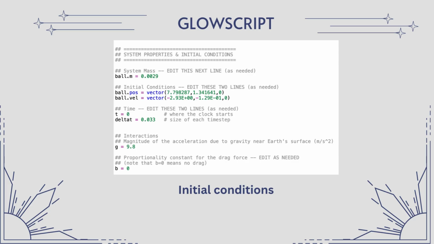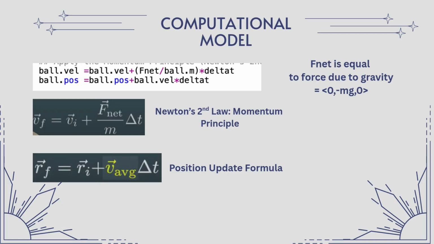And then here is the code we used to show the initial conditions on GlowScript. And then for the computational model, here we used the velocity update formula and the position update formula.